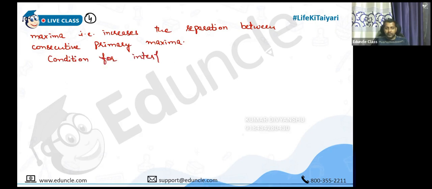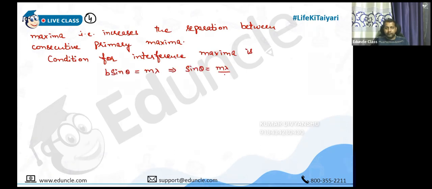Now the condition for interference maxima is, b is the separation between the slits.